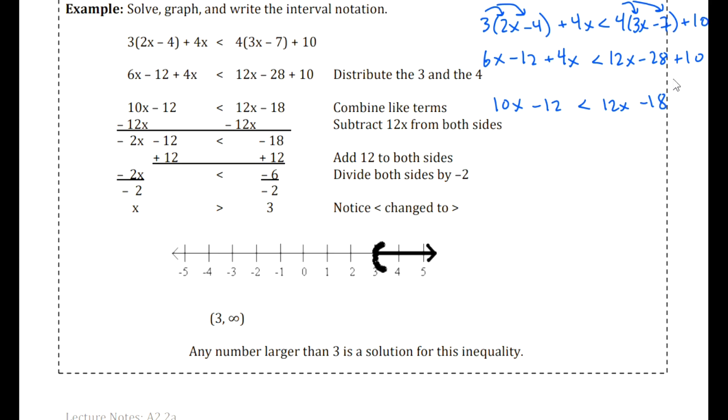Then we'll bring the numbers to one side. So we'll add the 12 to both sides, doing the opposite again. We'll move the 12x to the left, so we subtract 12x.